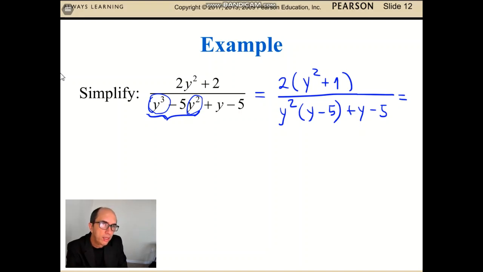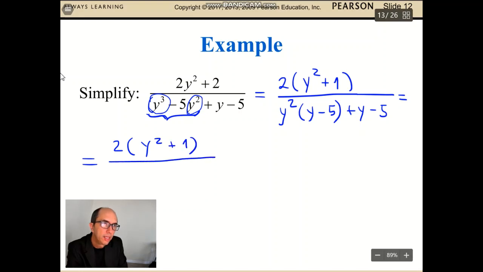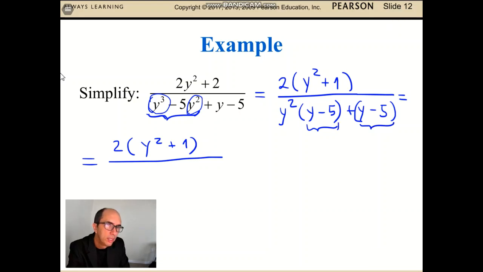Let's keep working because we can simplify it even further. 2 times, let's just repeat the numerator and work on the denominator. Now we have this common factor that we can also factor out. You can factor and make y minus 5 multiplied by y squared plus 1.